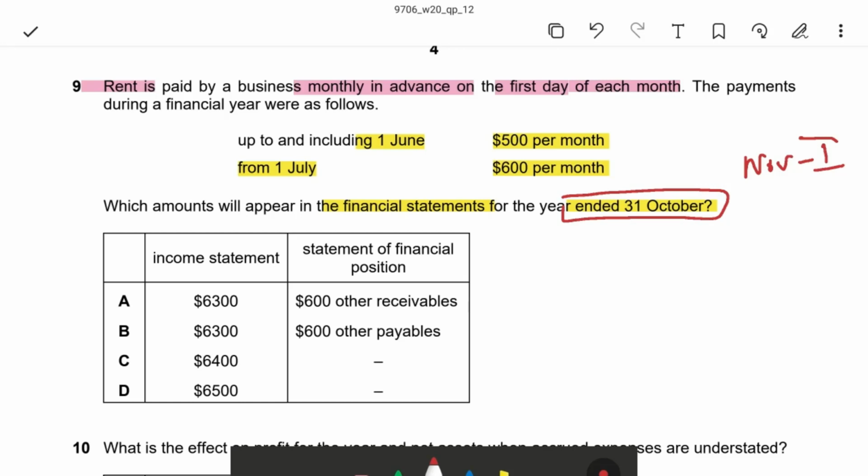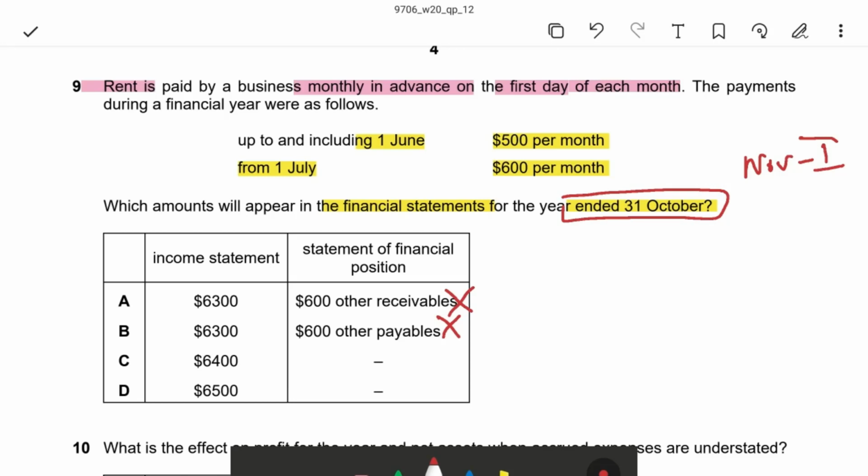So, you just have to calculate the amount in the income statement. Option A and B are wrong, so skip A and B.